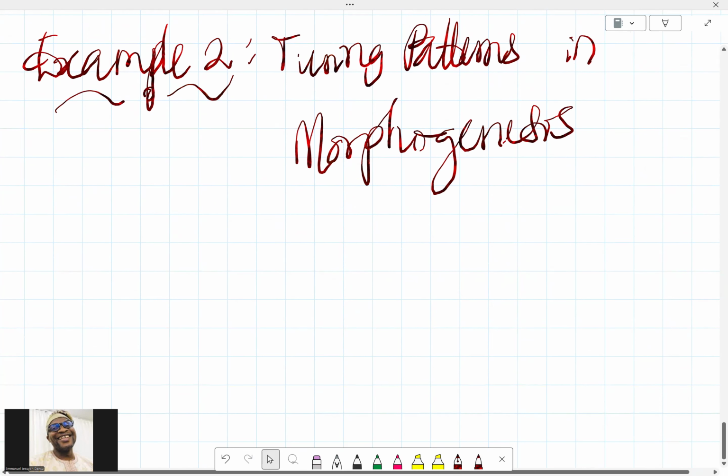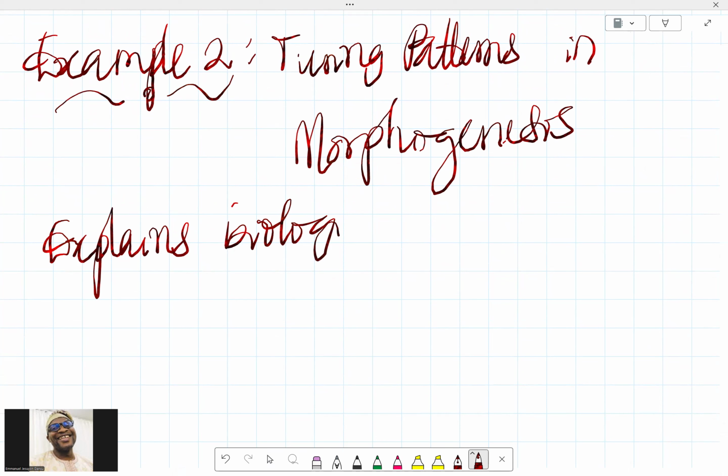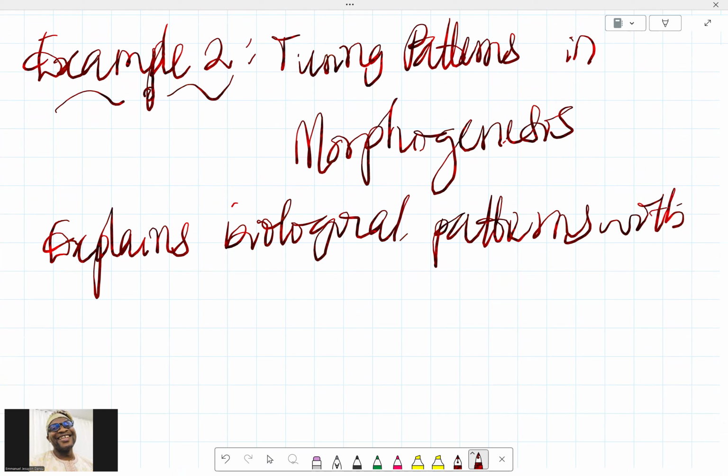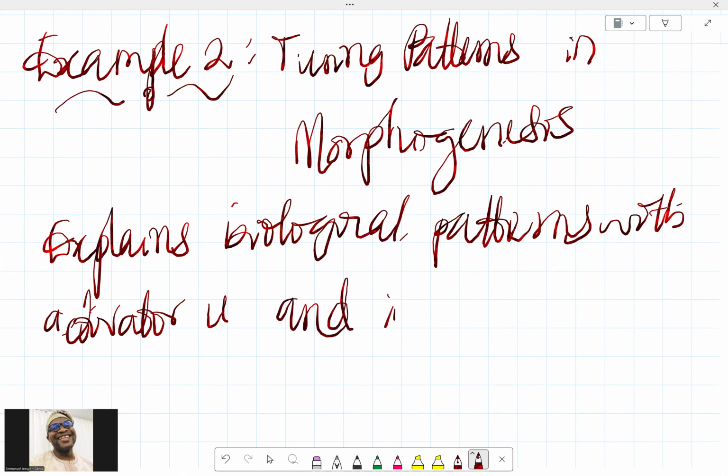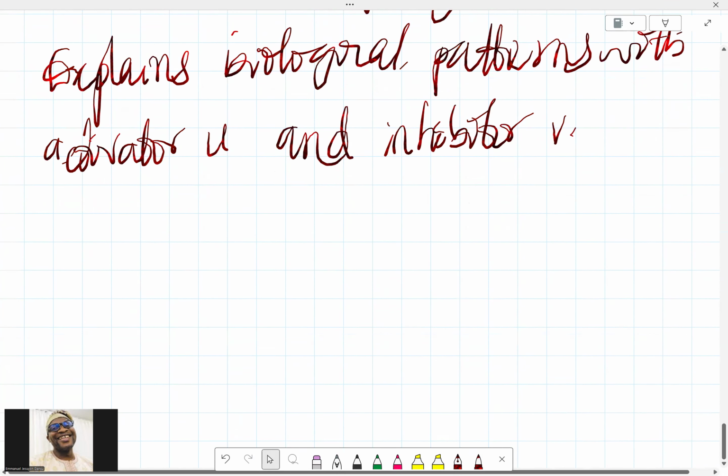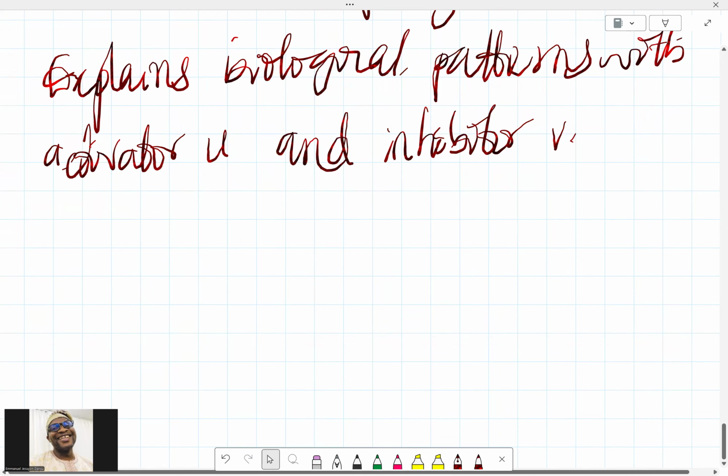This idea actually explains biological patterns with an activator U and an inhibitor V. So basically the same as before, except that here we're talking about pattern formation in maybe animals or plants.